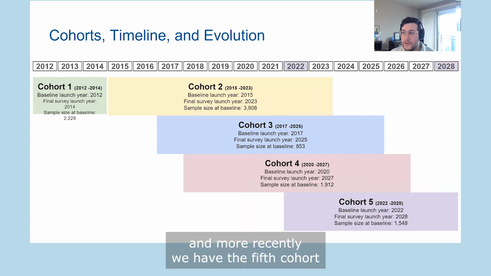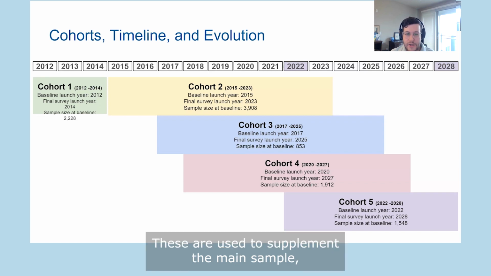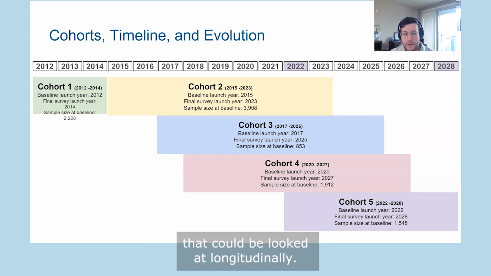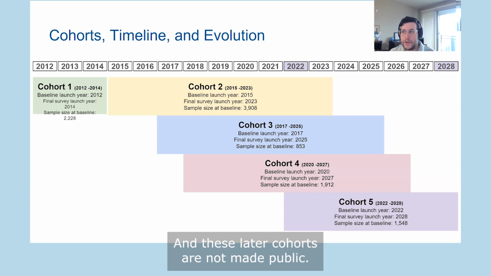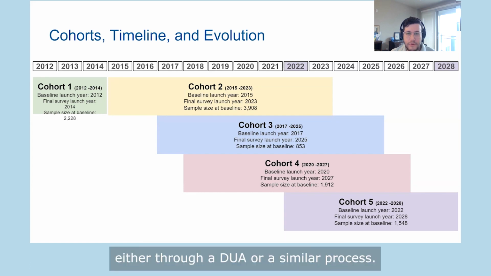And more recently, we have the fifth cohort sampled in 2022. These are used to supplement the main sample, but they also live on their own as analytic data sets that could be looked at longitudinally. And these later cohorts are not made public, but there's the potential for sharing them for interested researchers, either through a DUA or a similar process.